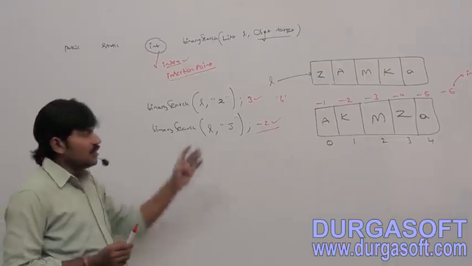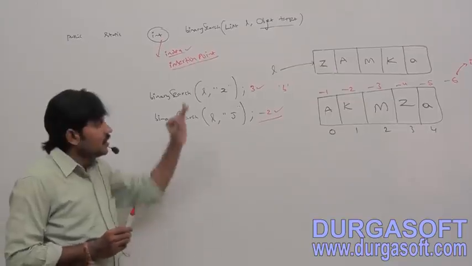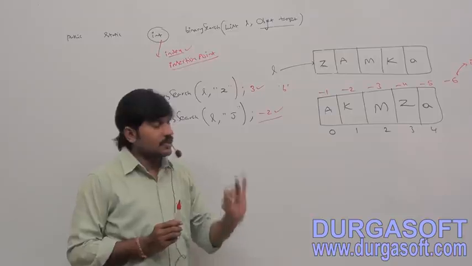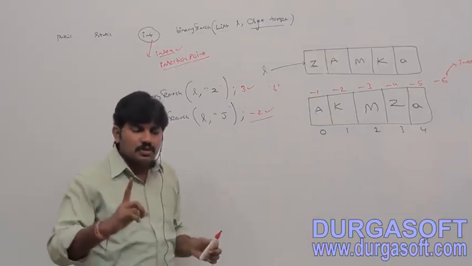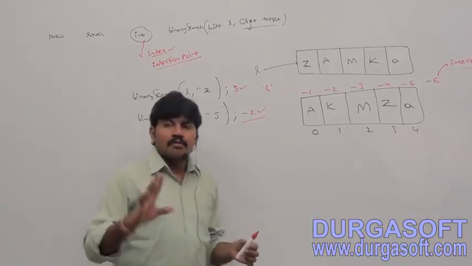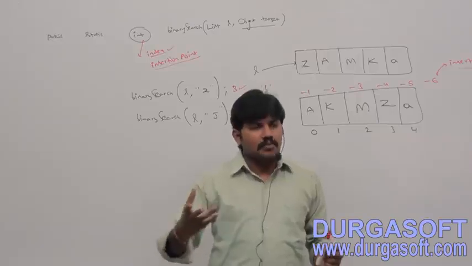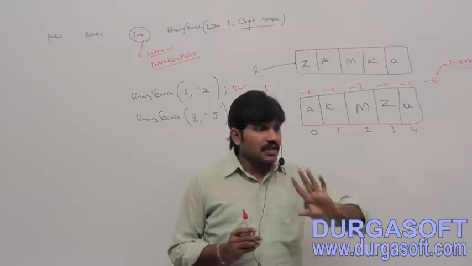Successful search returns index, unsuccessful search returns insertion point. Insertion point is the location where you can place the target element. Next, before calling the binary search method, the list compulsorily should be sorted, otherwise we will get unexpected, unpredictable results, but we won't get any compile time error or runtime error.